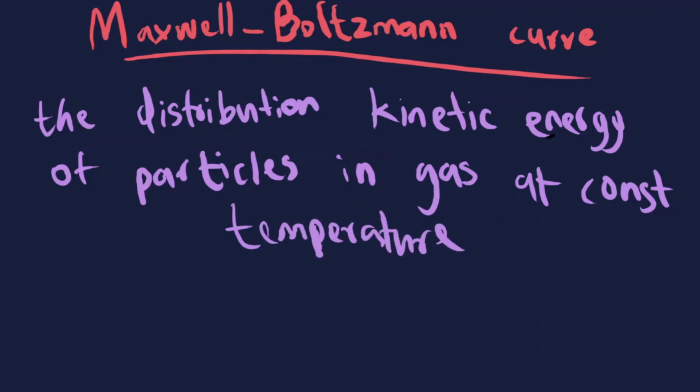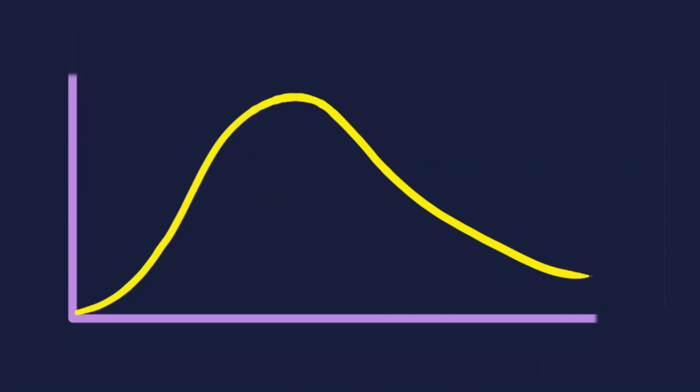This is what the Maxwell-Boltzmann distribution curve shows, and it looks like this. This is what it looks like, and in the x-axis, it shows the energy, and in the y-axis, it shows the number of particles.